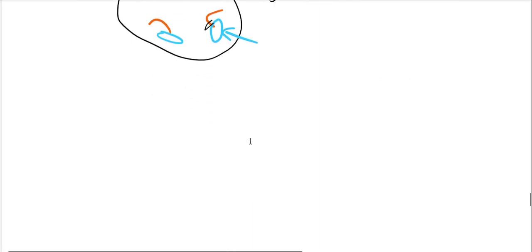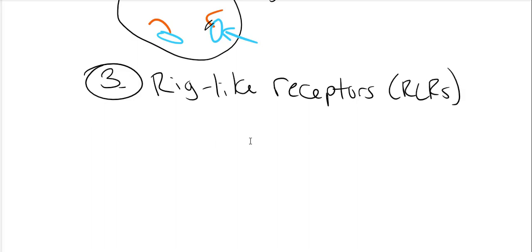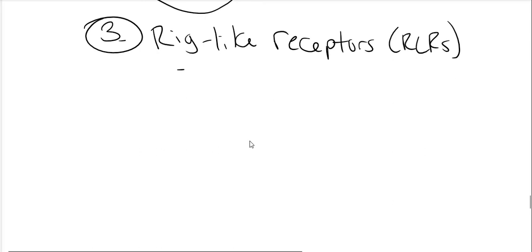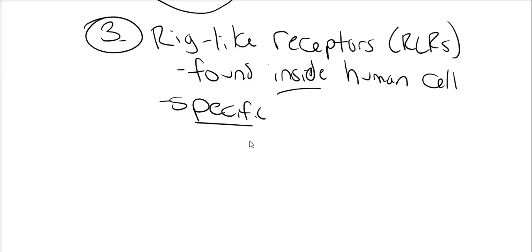Our final class of pattern recognition receptors are called the RIG-like receptors, or the RLRs. RIG-like receptors are found inside the human cell. Just like nod-like receptors, they're inside. But RIG-like receptors are specific to recognizing viruses.